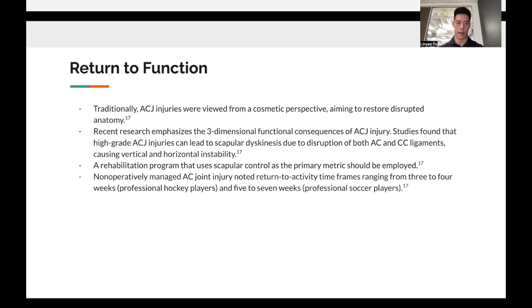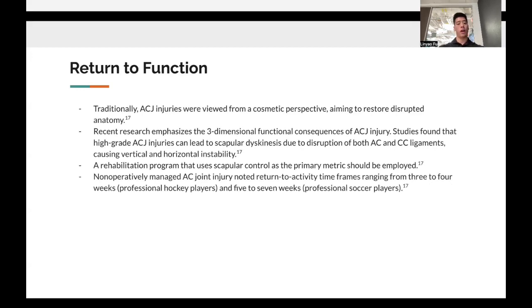They found that high-grade AC joint injury can lead to scapular dyskinesis due to the disruption of the AC and CC ligaments, causing multidirectional instability. So the rehab program should focus on scapular control and then strengthening.